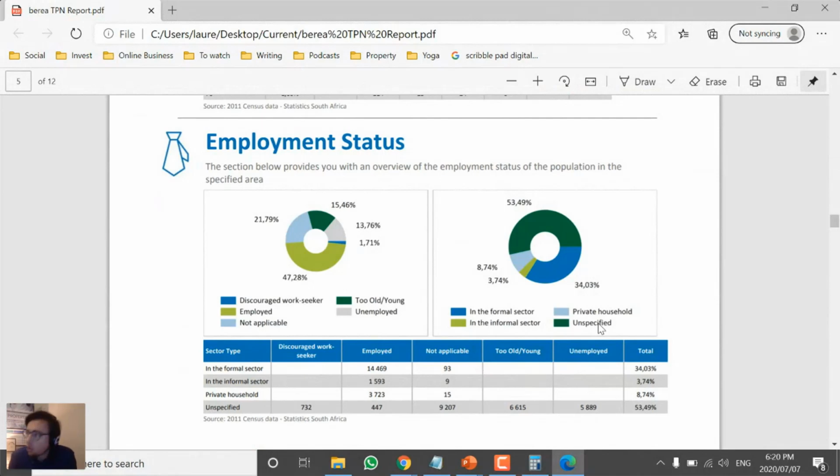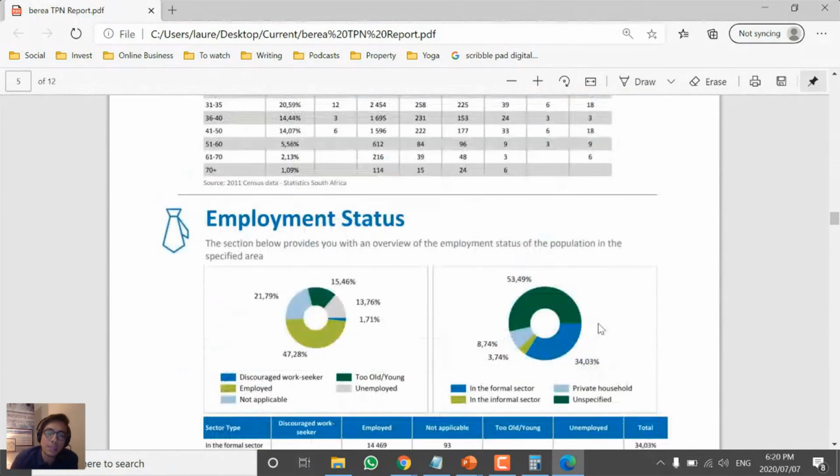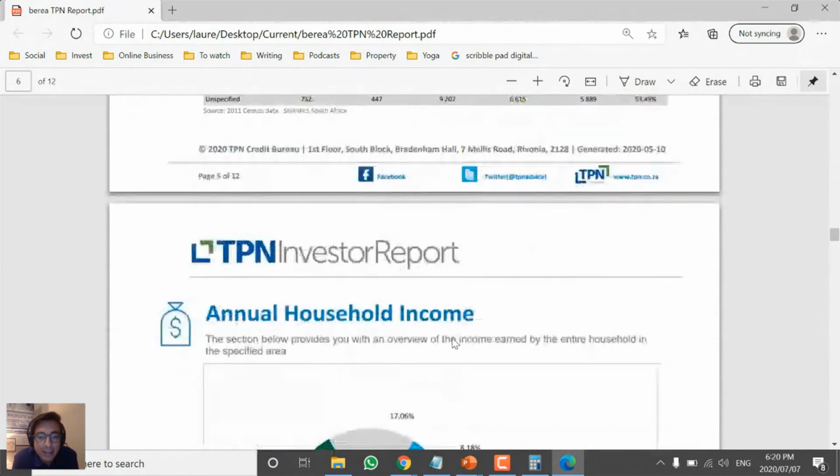Now, I'm not quite sure what that means, but my gut is saying that there might be a lot of foreign nationals within Berea, and they might not be a part of the census, and that's why it's left as unspecified. That's really the only reason I can think, because I know the employment stats in Berea are very high. So I think that might just be an indication that there might be foreign nationals in that area. And obviously, that's just part of understanding the market.